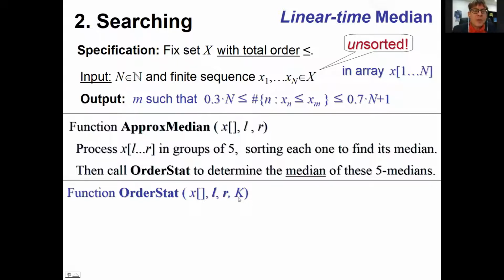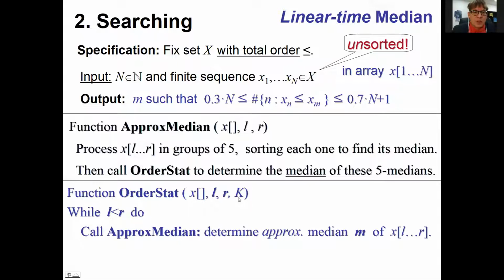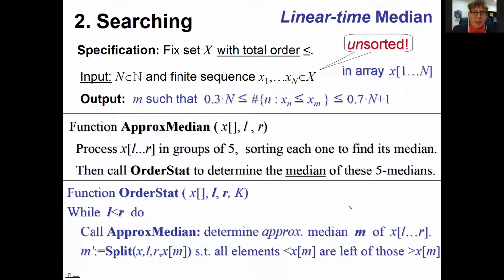And order statistics recursively calls approximate median to determine the approximate median m of these elements. And what do I mean by that? That means an index according to our specification of the exact median to split the number of elements in the array.